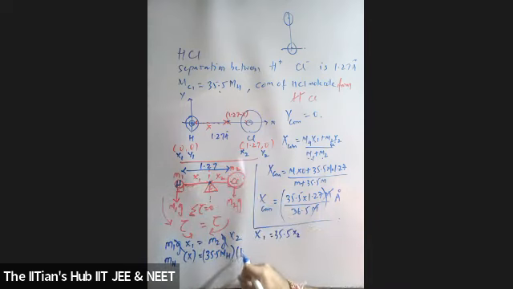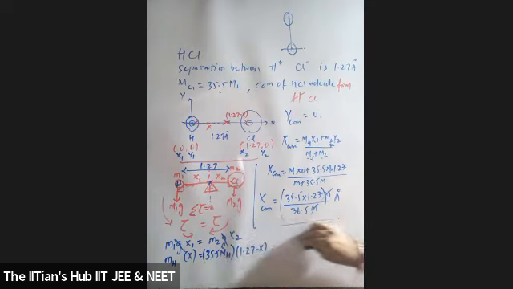So can I put this as 1.27 minus x? Is this clear, students? Is this clear, everybody? Yes.